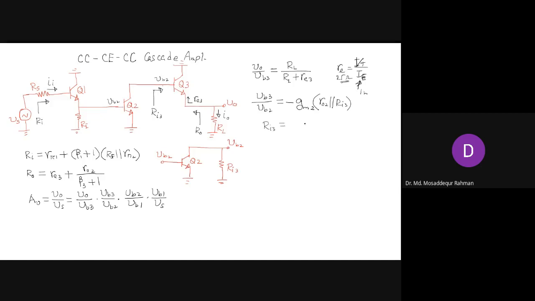Ri3 is R pi 3 plus (beta plus 1) RL, right? Since RL is on the emitter side and we are looking from the base side, it gets multiplied by this factor, beta plus 1.